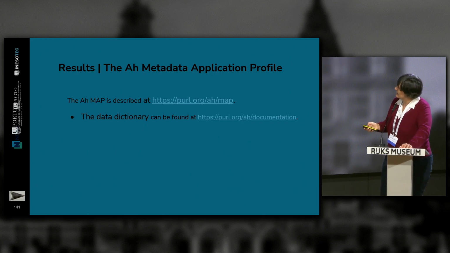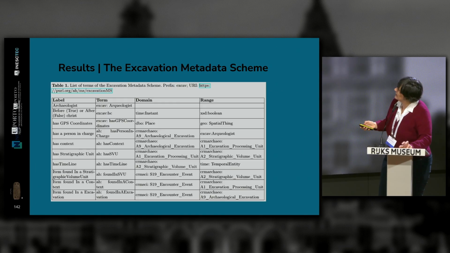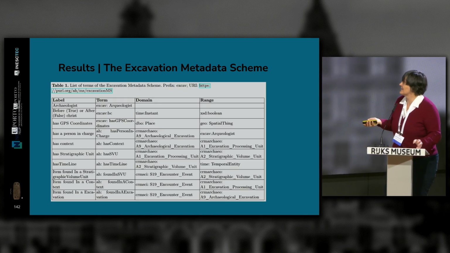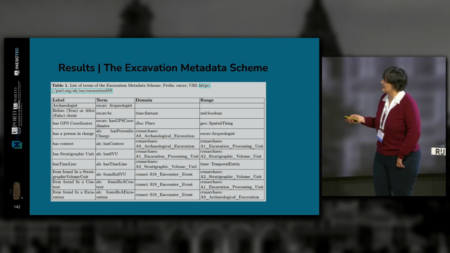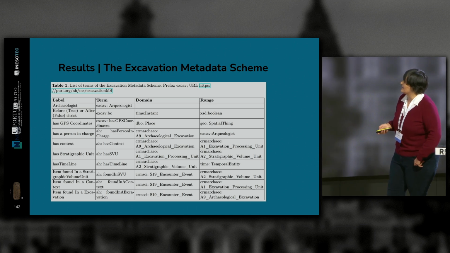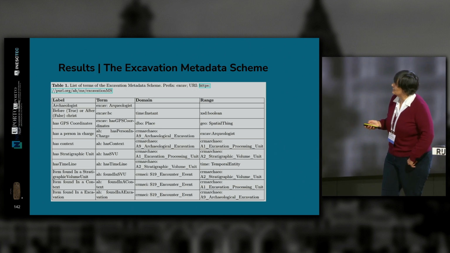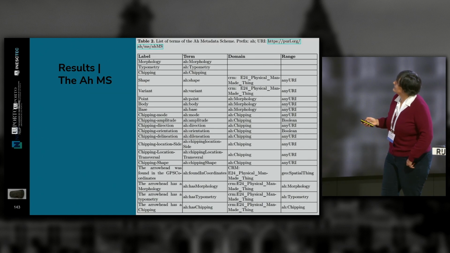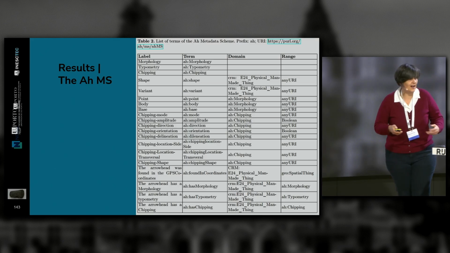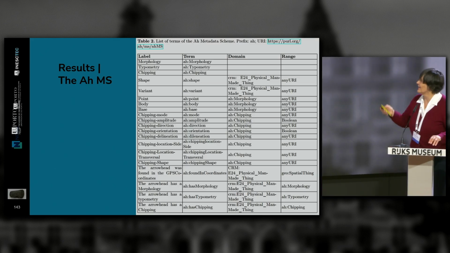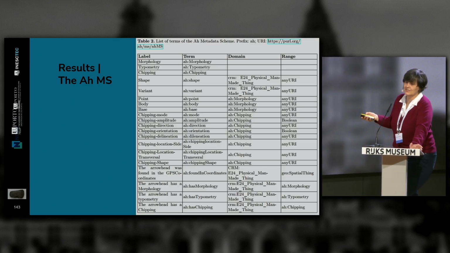So we developed this application profile. We created an excavation metadata scheme for the properties we couldn't find anywhere. So I think it was a beautiful work done. And we created a metadata scheme for arrowheads, also for all these characteristics, they are so specific to that object.